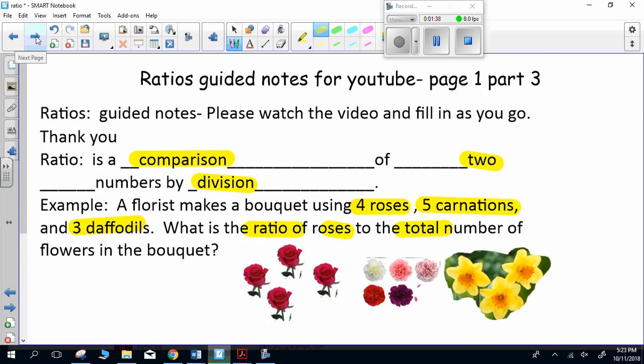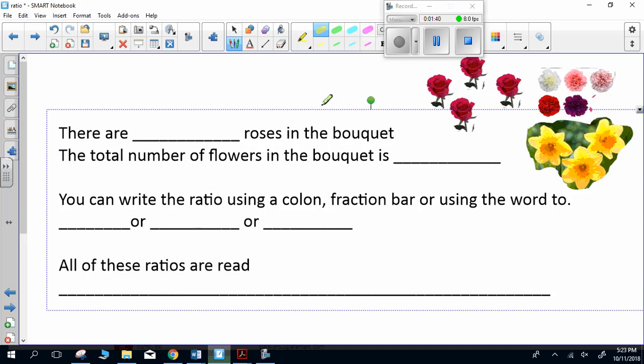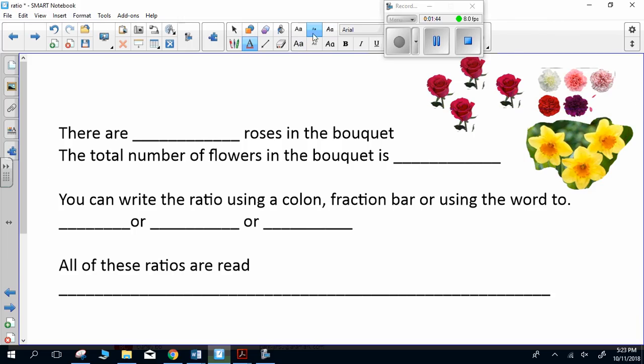So I'm looking for roses to the total. So if I look at my picture, I see that in my bouquet, I have 4 roses. And the total number of flowers in my bouquet is 1, 2, 3, 4, 5, 6, 7, 8, 9, 10, 11, 12. So I have 12 in my bouquet.